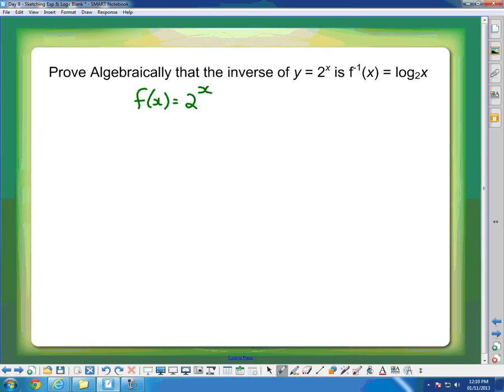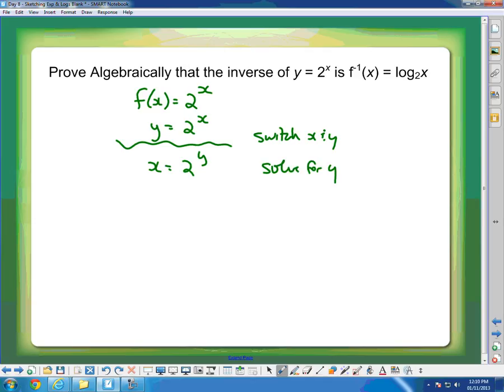Well, step 1 is to write it as y equals 2 to the x. Then we switch x and y. So the y becomes x, and the x becomes y. Now, the next step is to solve for y. That means we've got to get y by itself. Well, the problem is it's up in the exponent. We can't get common bases, so we need to take the log of both sides.